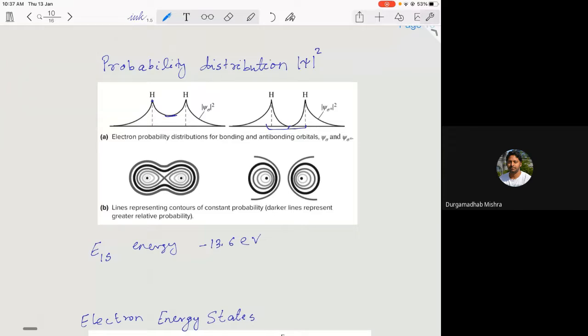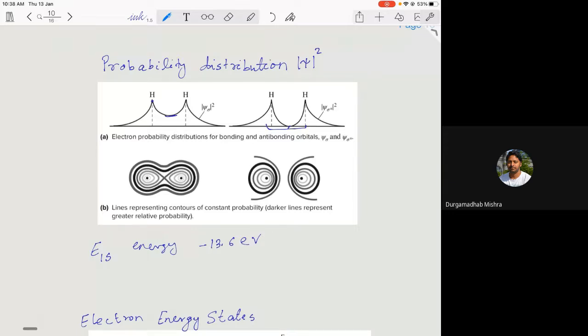This is the energy for the electron to be bound with the proton, so you need to give this much energy to free the electron, or ionize the hydrogen atom.